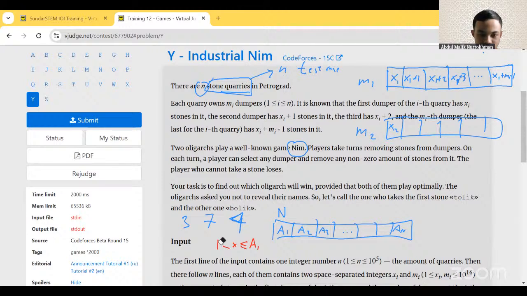So how to know which player wins the game? Just try to XOR all of the values in the array. If the result is 0, then which player wins the game?